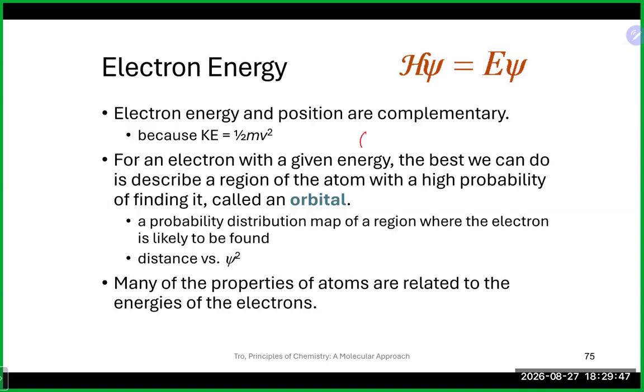We move away from orbits like we had in Bohr's model to this idea that the best we can do is talk about probability, the probability of finding an electron in a particular location. And really, we move away from orbits to what are referred to as orbitals or atomic orbitals.